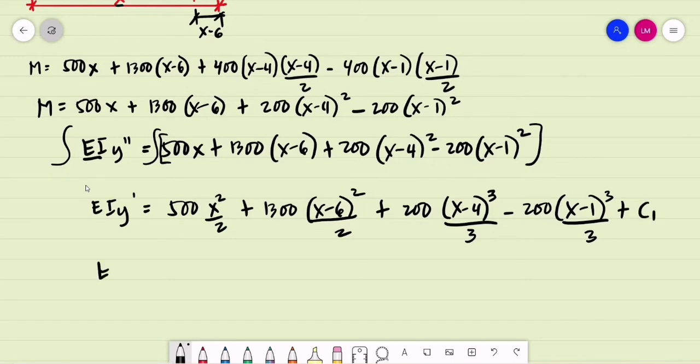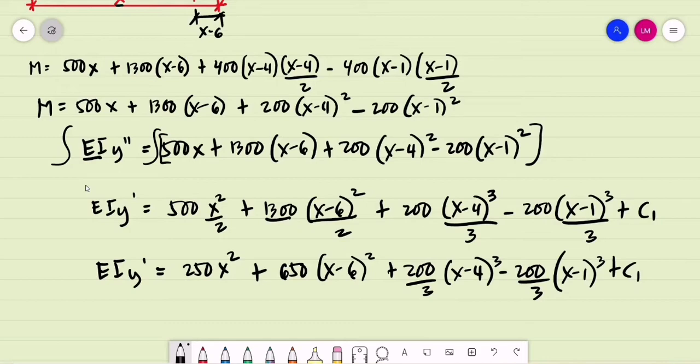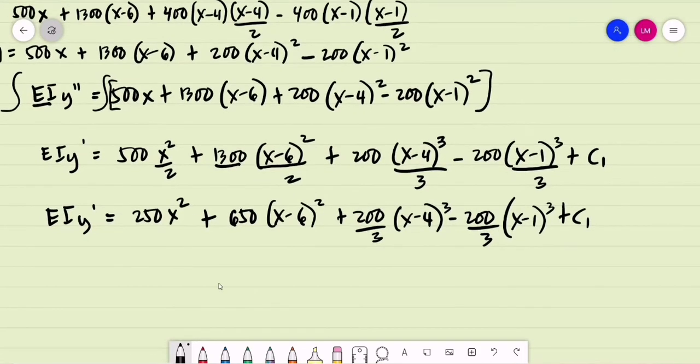So we are simplifying this. This is the slope equation. EI y prime is now equal to 250x squared plus, what is 1,300 divided by 2, that is 650, multiplied by x minus 6 squared plus 200 divided by 3 multiplied by x minus 4 cubed minus 200 divided by 3 multiplied by x minus 1 cubed plus the first arbitrary constant, c sub 1.